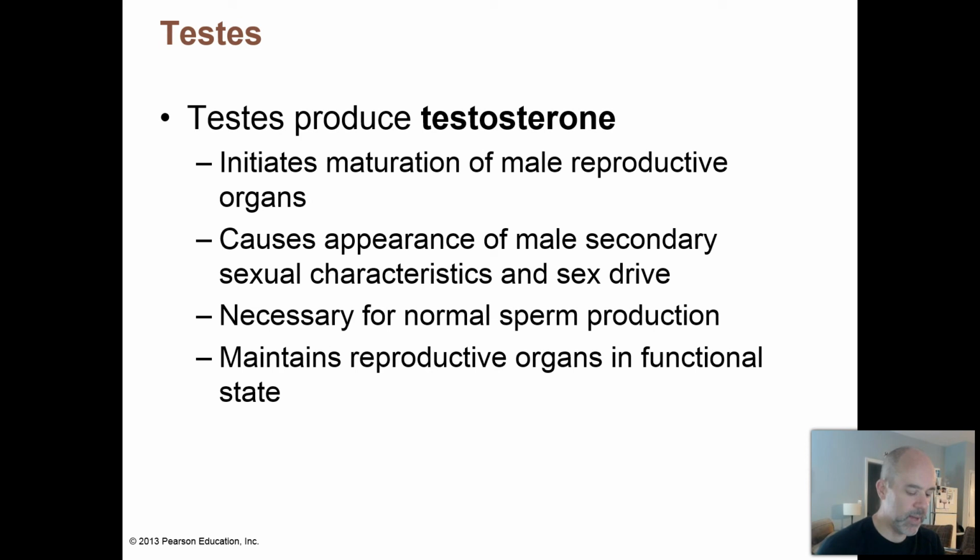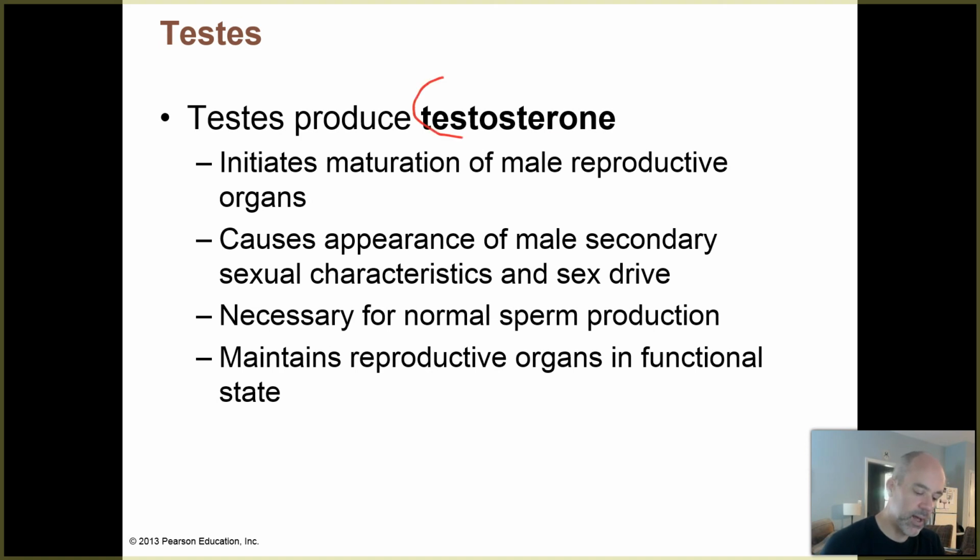All right, and then in a male, the testes produce testosterone, the main male sex hormone. It's responsible for all of a male's reproductive organs maturing and developing properly, and for the usual secondary sexual characteristics that you associate with maleness: body hair, increased muscle mass, increased bone mass, deeper voice, going bald, those kinds of things.